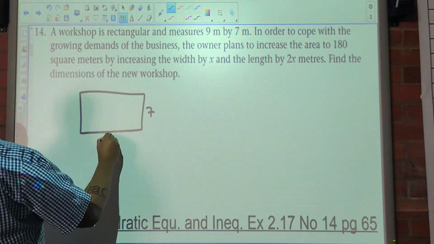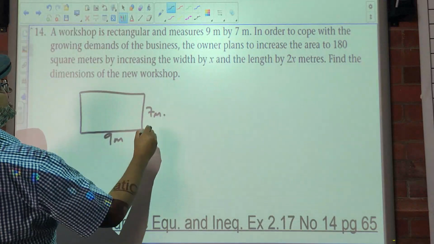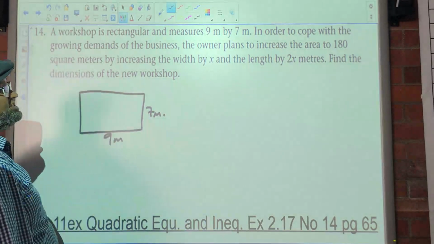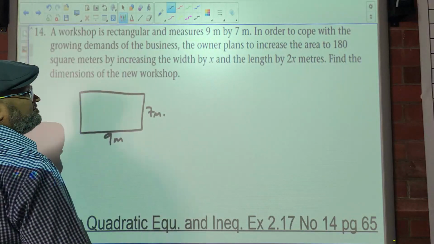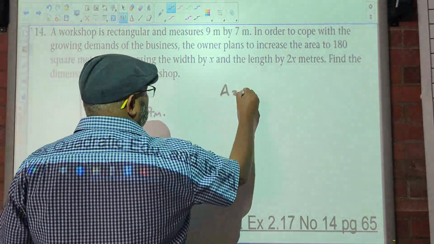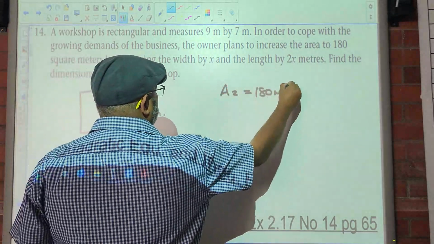In order to cope with the growing demands of the business, the owner plans to increase the area to 180 square meters. So the new area must be 180 square meters.